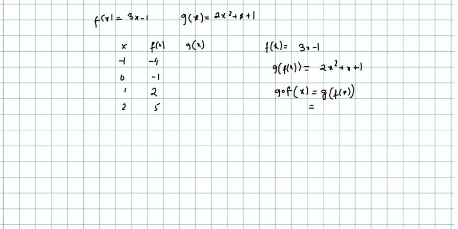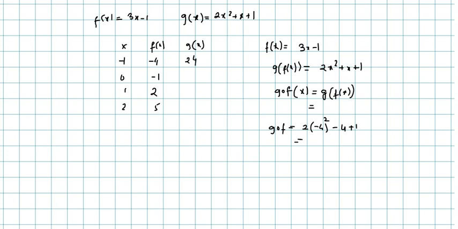So if I put here minus 4, g of f would be 2 times minus 4 square plus minus 4 plus 1. If I solve, oh sorry, it's a square, 4 4 is 16, 32, minus 4, plus 1, this is giving me 29.